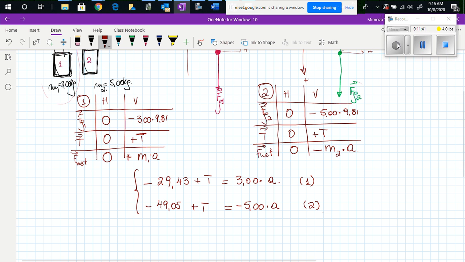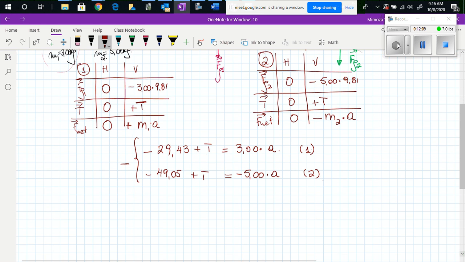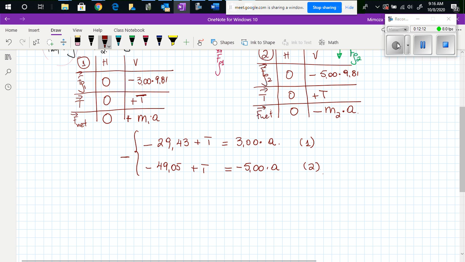Now, what we see here from the mathematical perspective is that we have two equations, equation 1 and equation 2, with two variables, the tension and the acceleration. Now we are solving it. We can solve it any way we want. However, the easiest way, since the coefficients of T are equal to each other and the sign is positive, is to subtract the two.